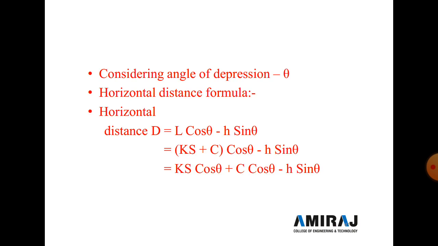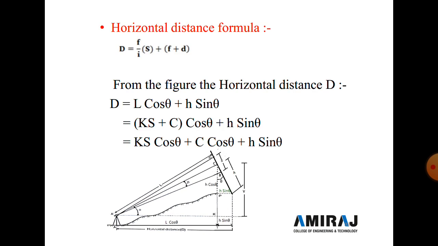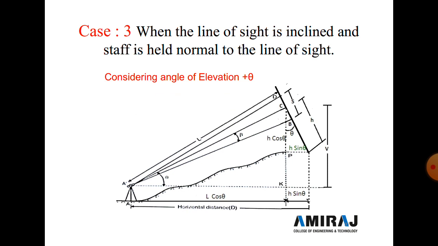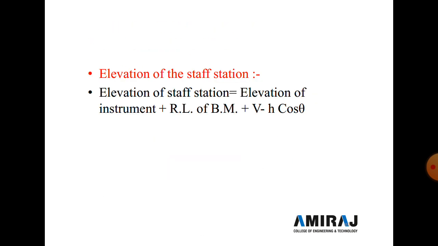Now consider the angle of depression, minus theta. The horizontal distance D formula is D = L cos θ minus h sin θ. Here the horizontal distance D was L cos θ plus h sin θ, but here in place of the plus we put a minus.